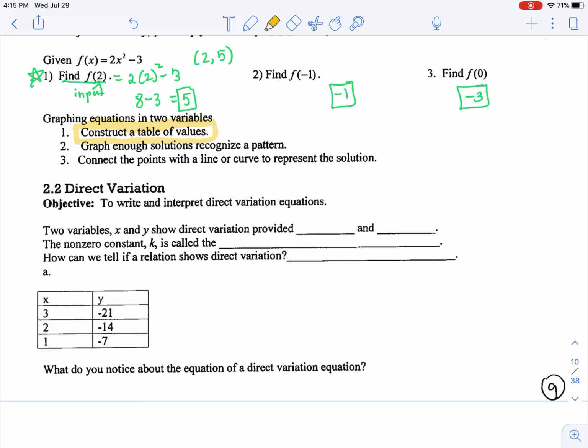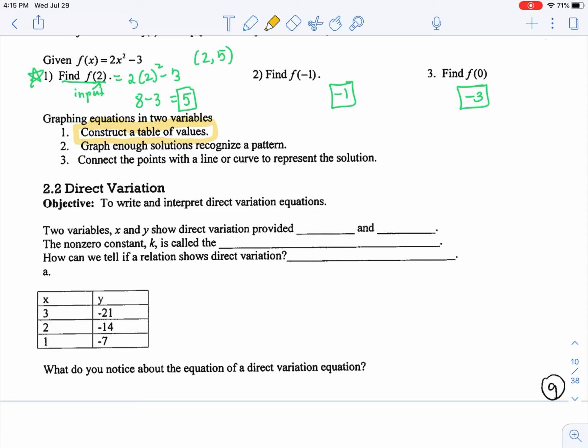And now we'll talk briefly about 2.2 direct variation, because direct variation is an example of a linear function. The relationship that you see in x and y shows a direct variation when we are discussing linear equations.